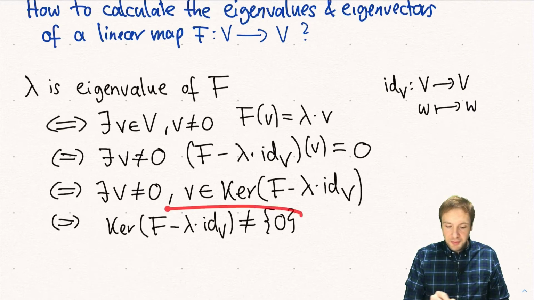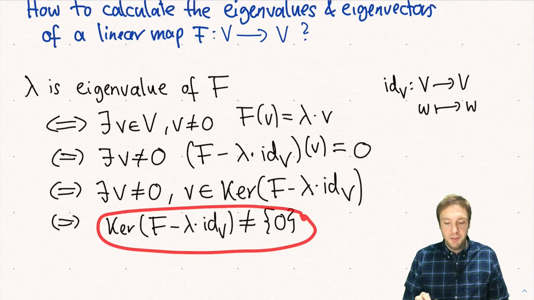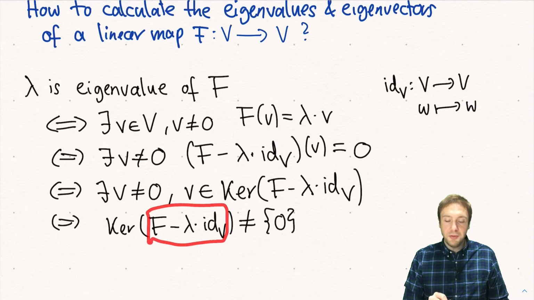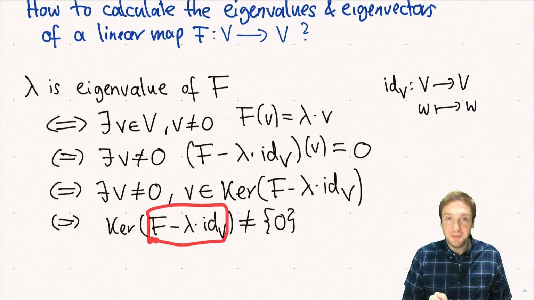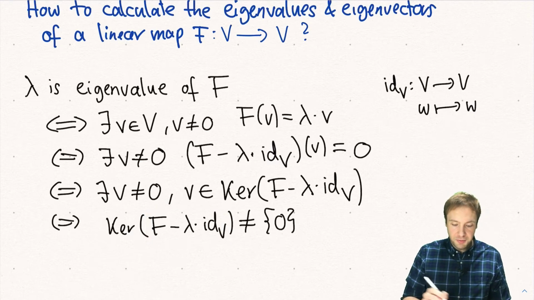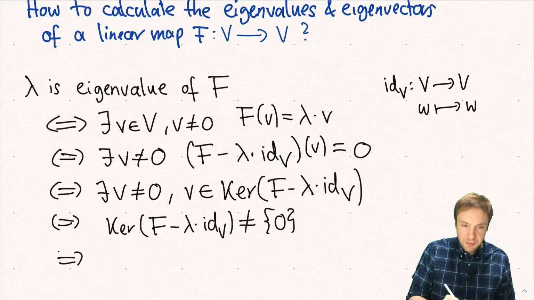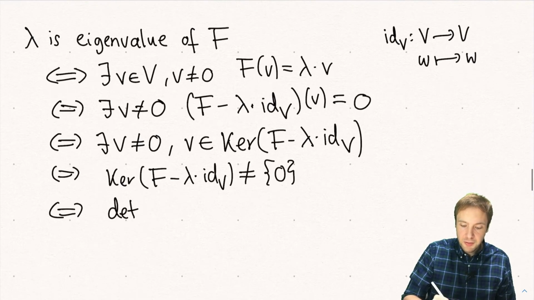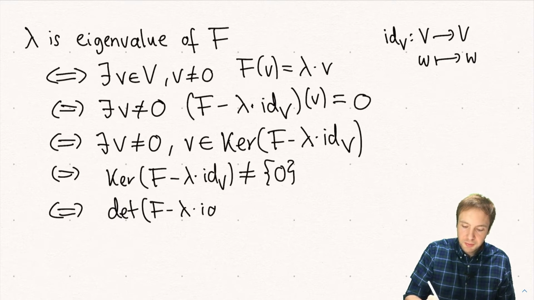So this means that if this map is not injective, meaning the kernel is not just 0, this map is not invertible, and being not invertible, we learned, means that the determinant of this linear map is 0.